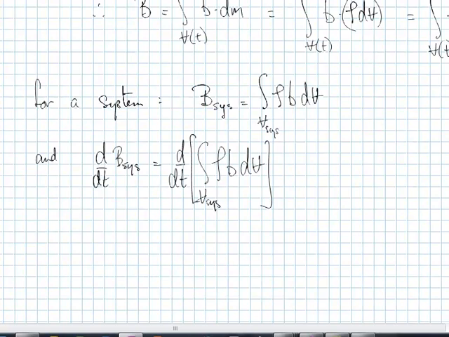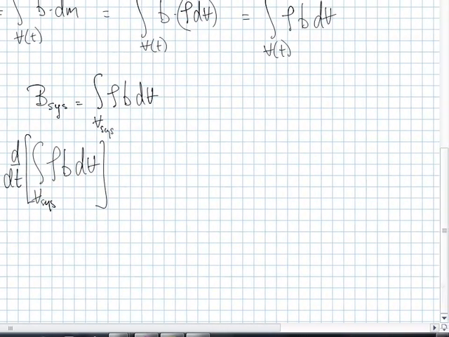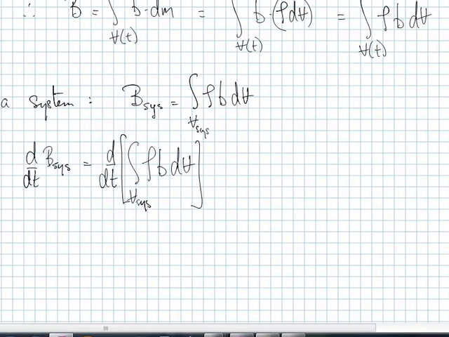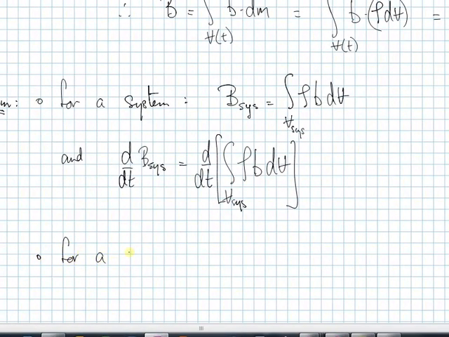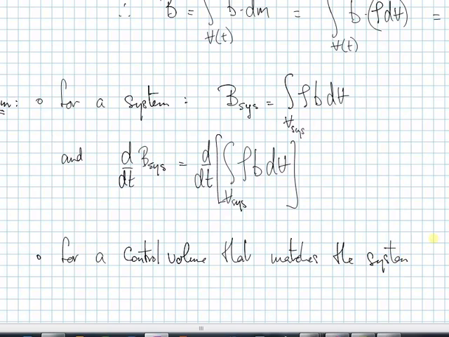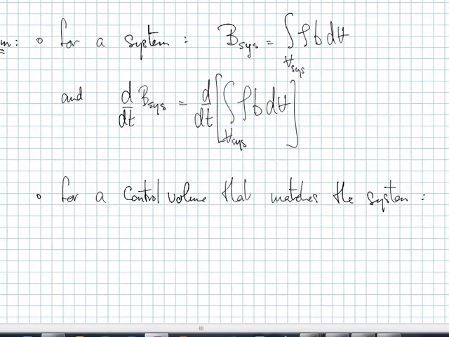All right, so taking the derivative of that integral actually turns out to be a little trickier than it might seem at first. So let's define a control volume that matches the system instantaneously at some time t. For a control volume that matches the system, I'm going to have B of the control volume equal to the same thing, just over a different volume now.